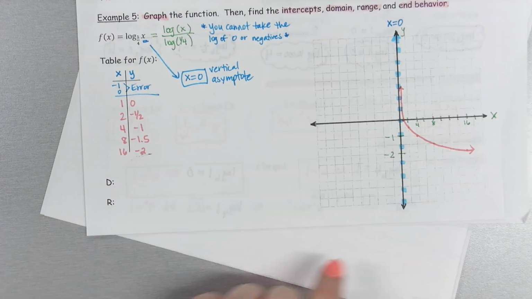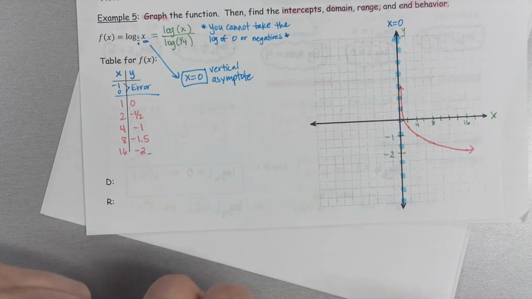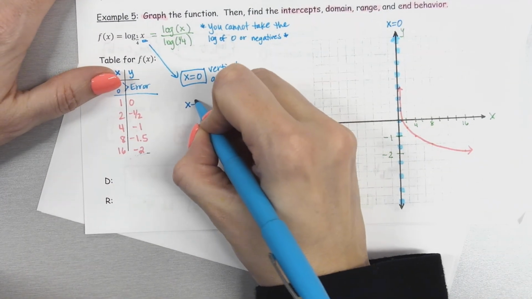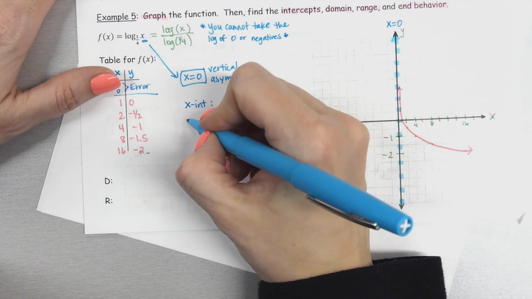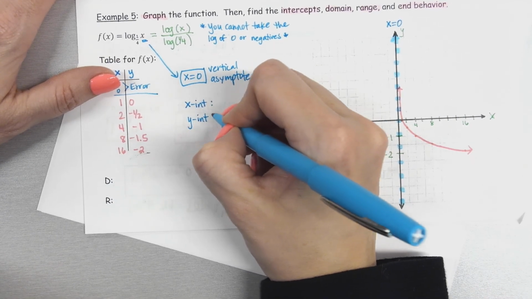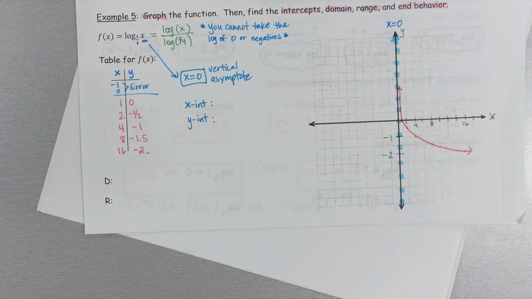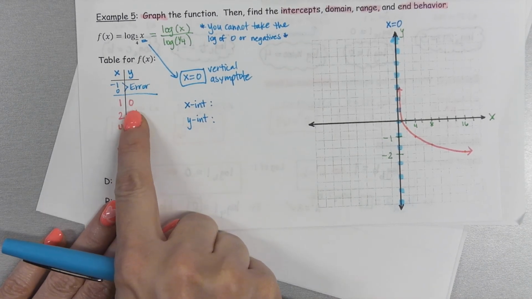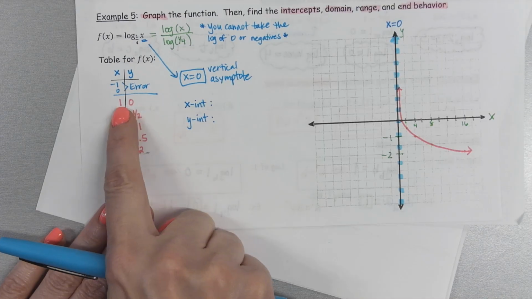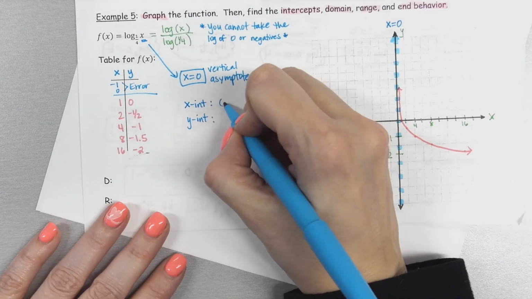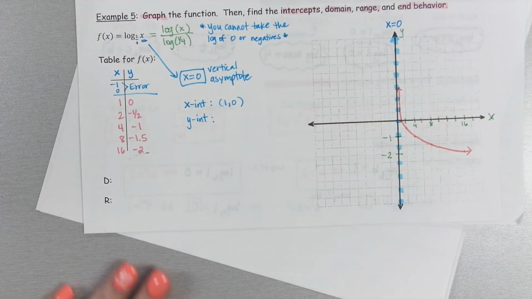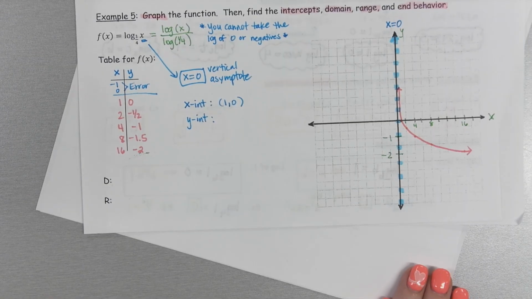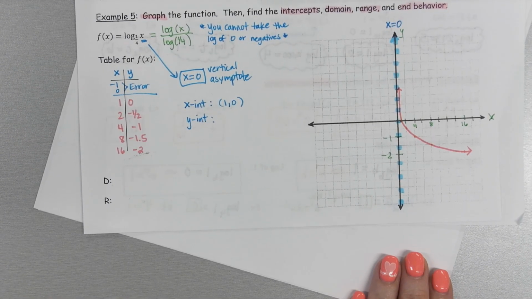Okay, and then it says to find your intercepts. So we're going to find the x-intercept and the y-intercept. For the x-intercept, you're looking where y is 0. So 1, 0, that's your x-intercept. For the y-intercept, you're looking to see where x is 0.